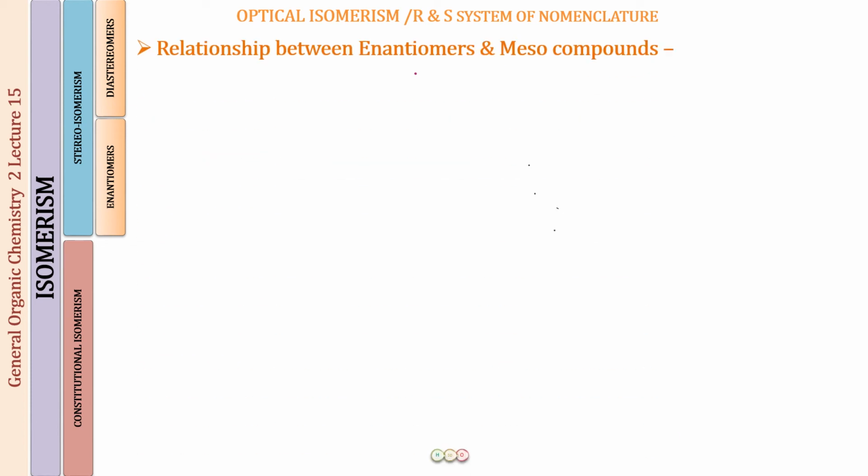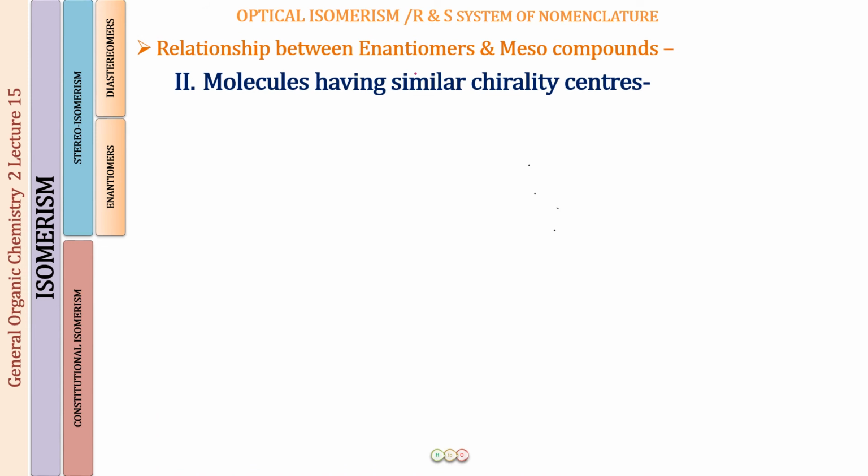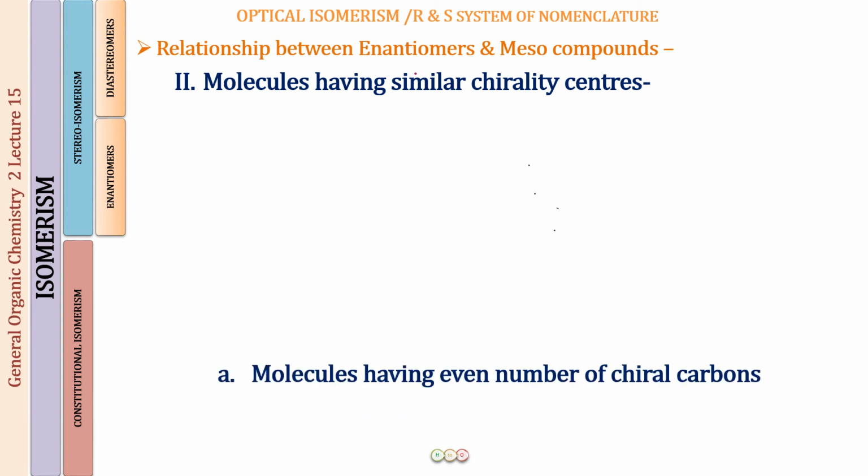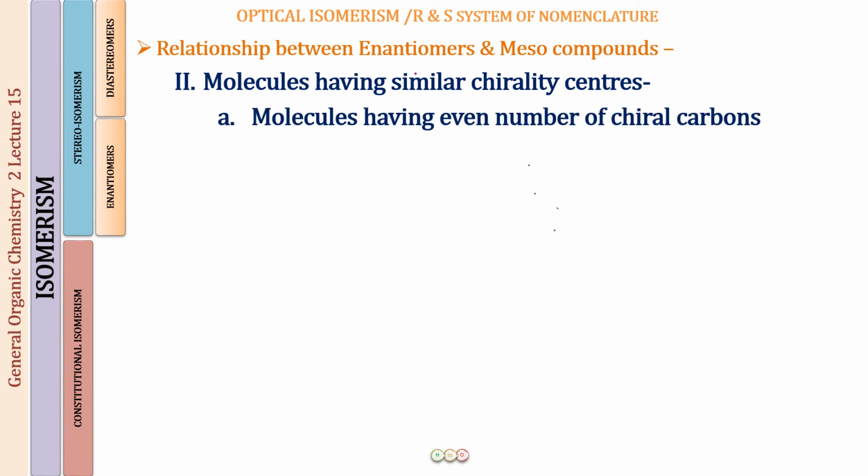Next we look at the molecules which have similar chirality centers, as you have seen in the case of tartaric acid. So here what you are going to do is count the total number of chirality centers, whether the number is even or odd. If the number of chirality centers is even, as you have seen in the case of tartaric acid where we had 2 chirality centers, then the total number of optical isomers is going to be equal to 2 to the power n minus 1, where n is the number of chirality centers.